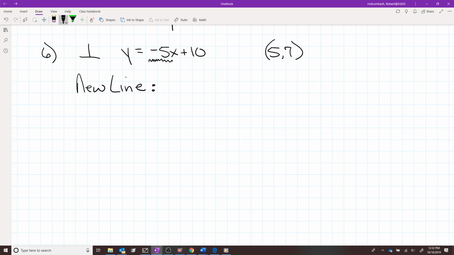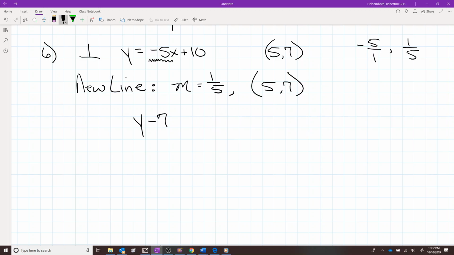The negative reciprocal of negative 5 over 1 will be positive 1 over 5. So your new line will have a slope equal to 1/5, and it will go through the point 5, 7. So in point slope form, y minus 7 is going to be equal to 1/5 times x minus 5.